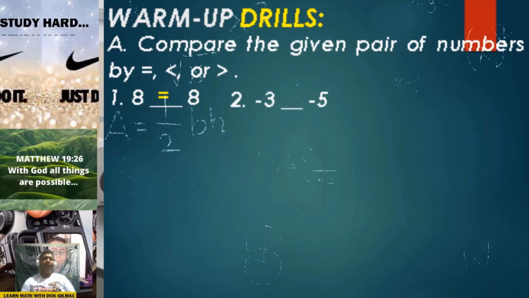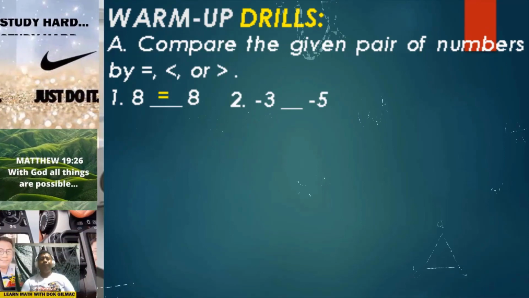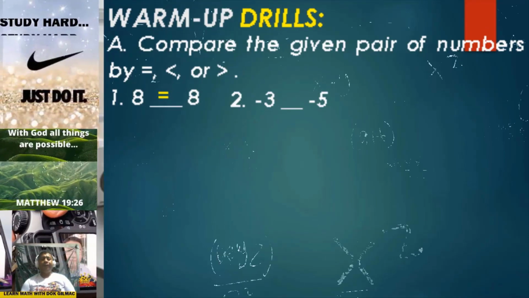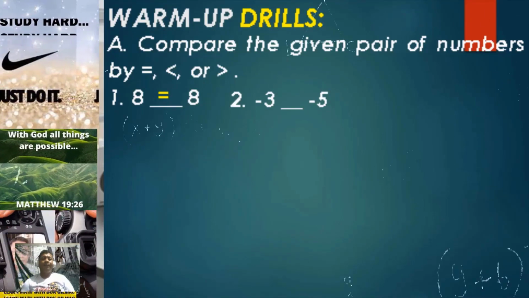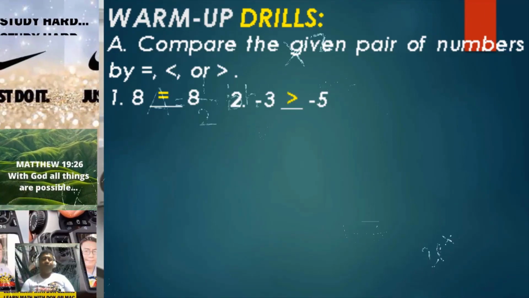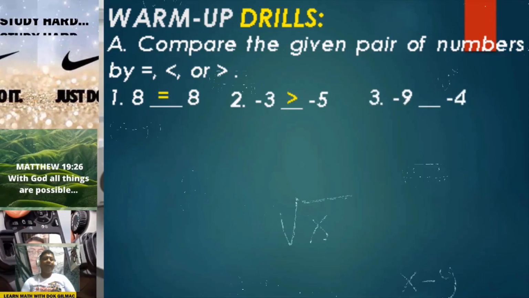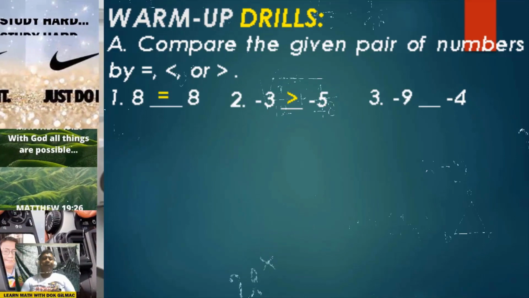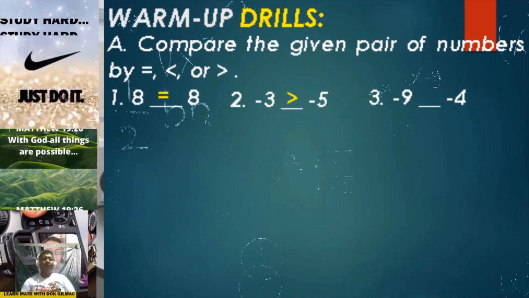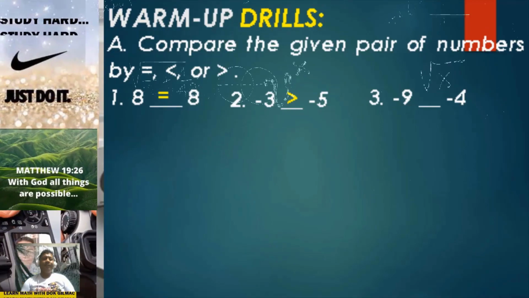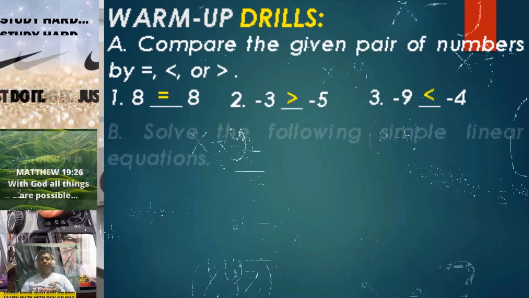Negative 3 blank negative 5. Take note, negative 3 is greater than negative 5. Number 3. Negative 9 blank negative 4. Take note, negative 9 is less than negative 4.